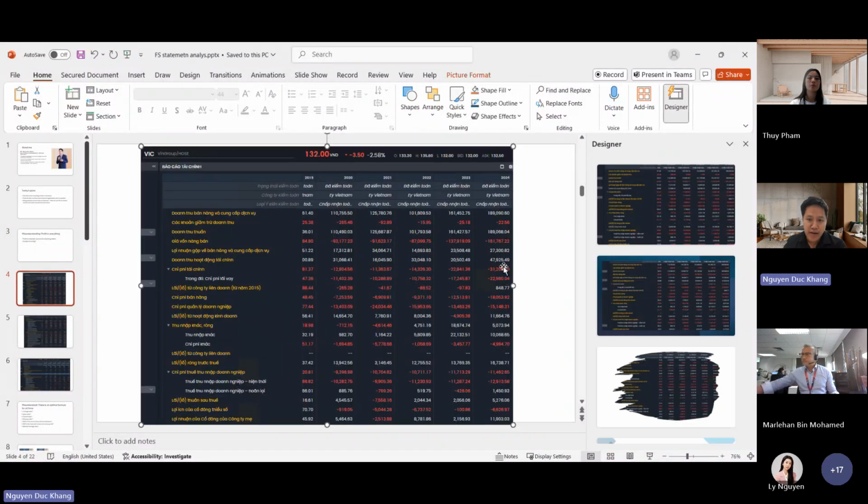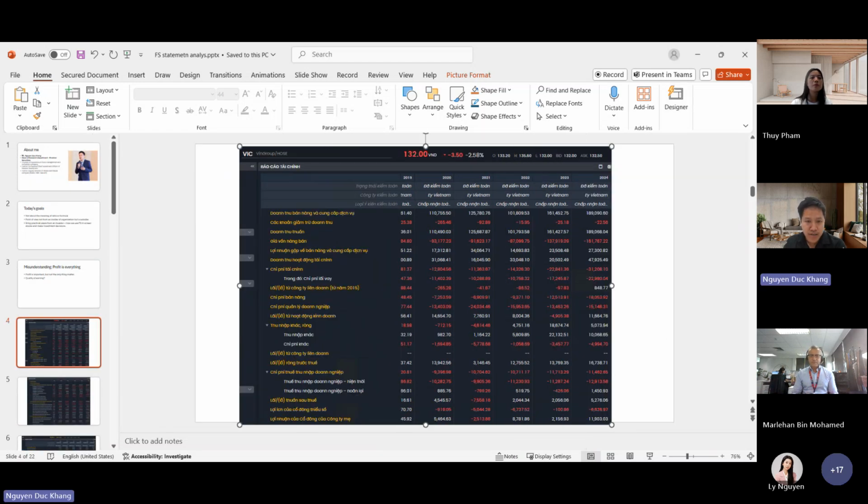For example, right now I'm going to show you a case that I think is familiar to all of us. This is the financial statement of Vingroup, ticker VIC, the biggest corporation in Vietnam. You can see the income statement.